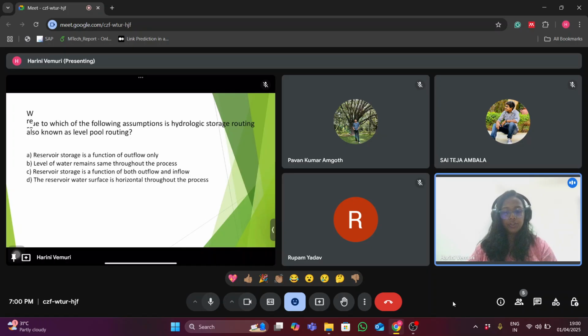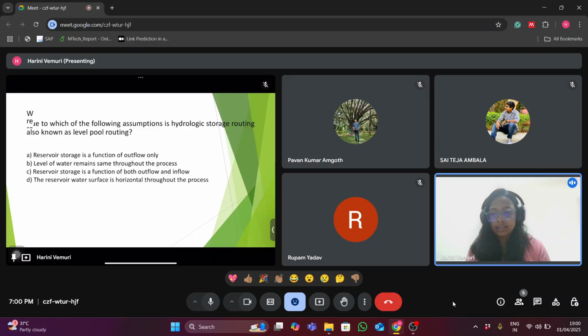The next question is, due to which of the following assumptions in hydrologic storage routing, it is also known as level pool routing. So, if you remember, the assumptions are that the water level surface will be horizontal. Also, outflow will be the unique function of storage volume.